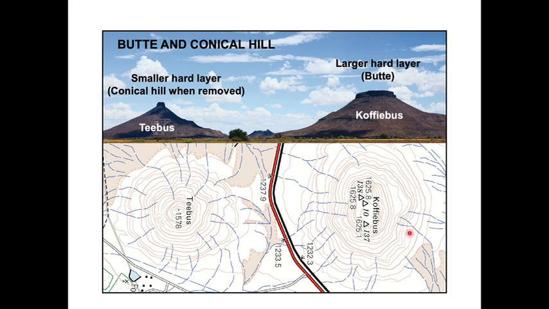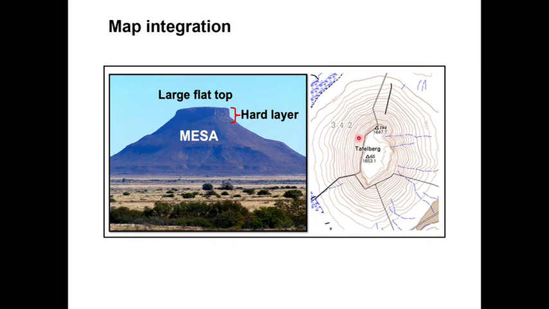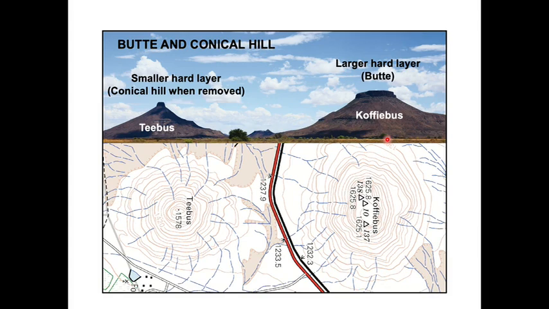Now, just have a look at this. Look at the difference between the contours here and the contour lines there. The first thing that you notice is the white section on top. If I look at the previous one, look at the large white section there. If you look at the following one, you'll see it's a bit smaller. And here at Teebus, it's even smaller.